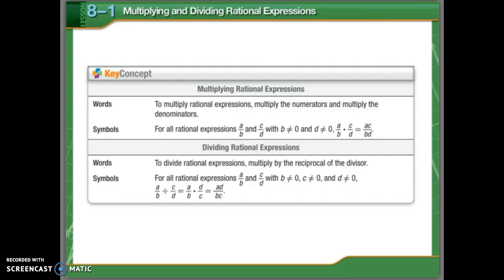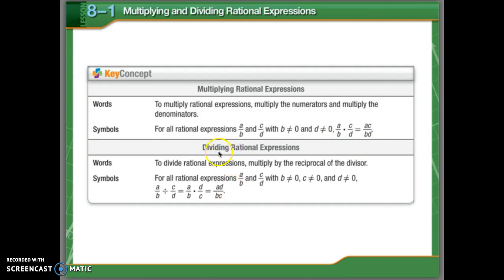All right, here's our key concept. This is hopefully going to be really simple to you. I don't think it's a major thing that they're telling you, but basically what it says is if you want to multiply two expressions together, you multiply the numerators, you multiply the denominators. So if you have a over b times c over d, you just do a times c in the top and b times d on the bottom.